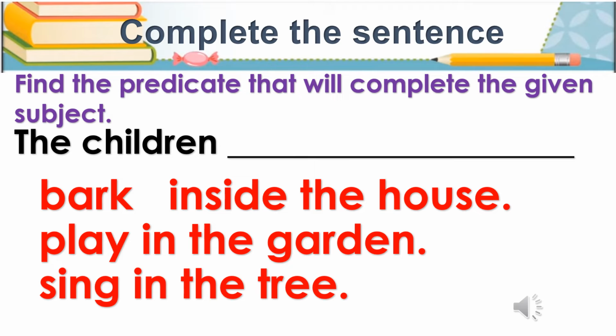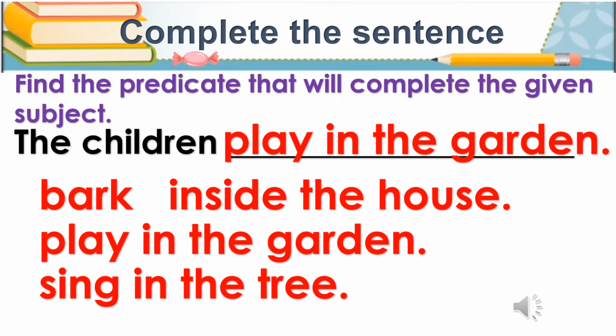Which do you think is the right group of words that will complete our sentence? If your answer is play in the garden, you are correct. The children play in the garden. The children is our subject and play in the garden is our predicate.